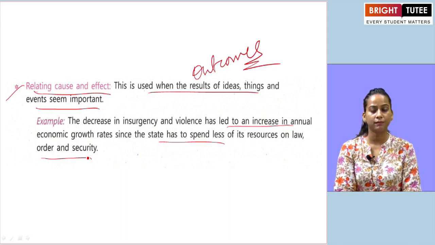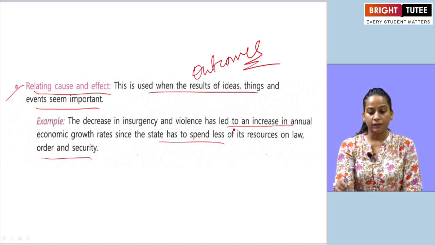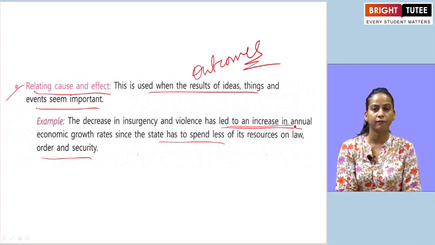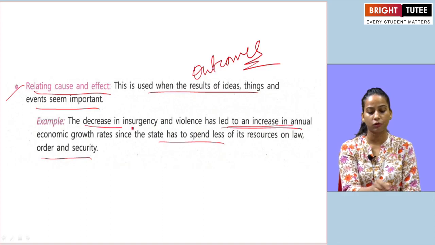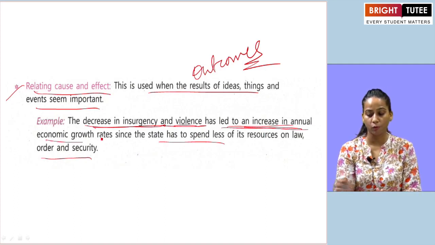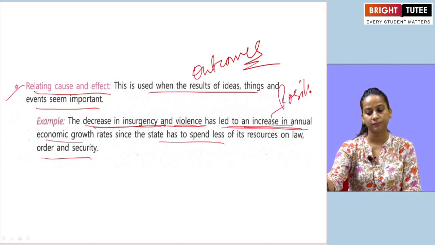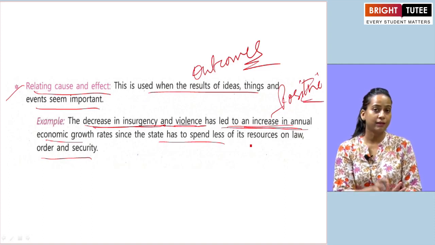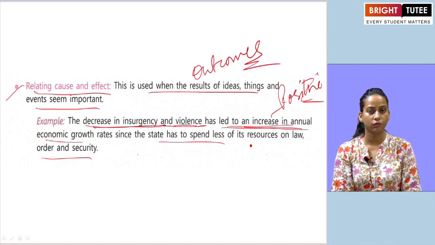So, here what we can see is the situation they have given and the impact they have shown. Because of the decrease in insurgency and violence, what happened? Increase in annual economic growth. The positive impact is visible here. Clear? Since the state has to spend, and why is this so? The reason, the cause, is also given here.